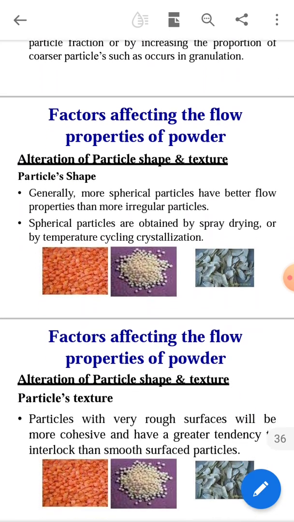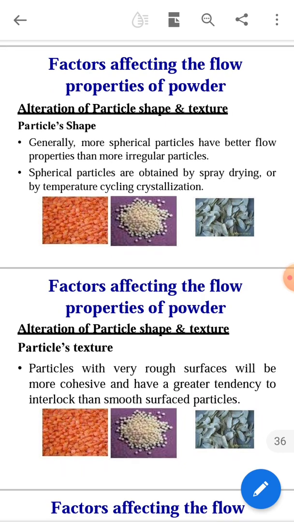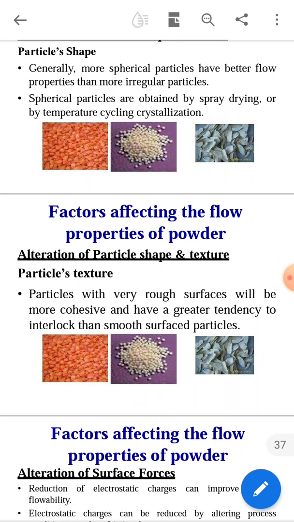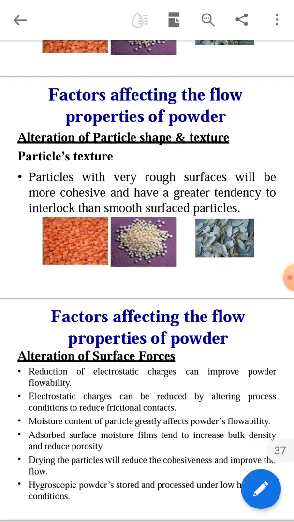Next we come to particle shape and structures. Generally, more spherical particles have better flow properties than irregular particles. I already said that spherical particles are obtained by spray drying, crystalline coagglomeration, or crystallization processes.